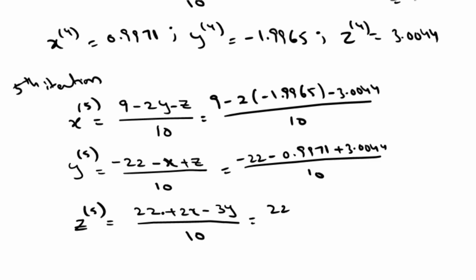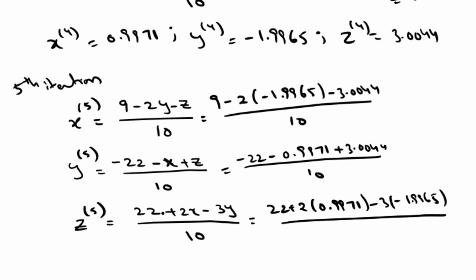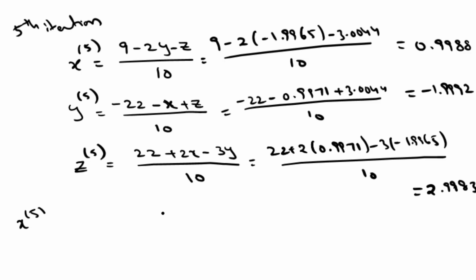For z: 22 plus 2 into 0.9971 minus 3 into y, which is minus 1.9965, divided by 10. By solving these three, we can obtain the values for the fifth iteration. x in the fifth iteration is 0.9988, y is minus 1.9992, z is 2.9983.